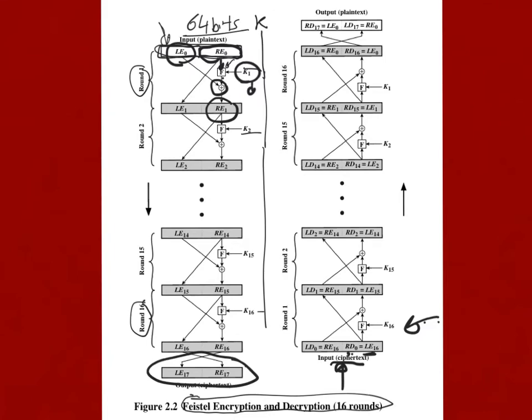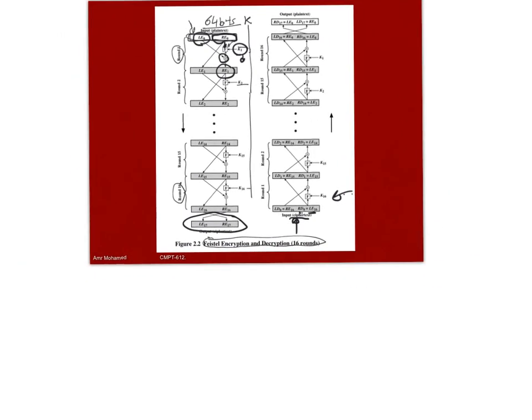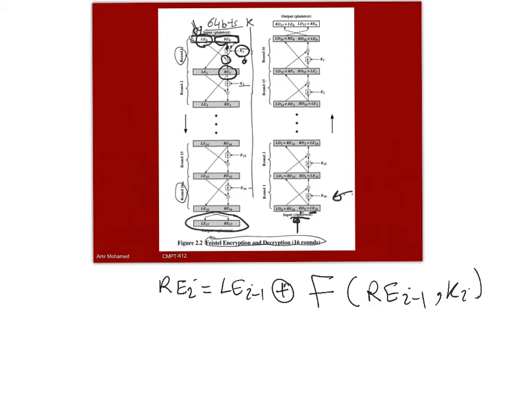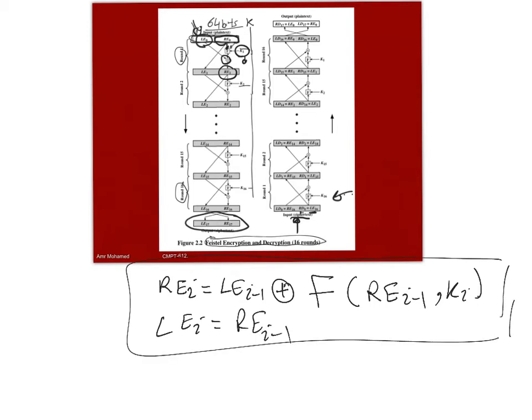As we said before, we can convert this Feistel structure into two very simple equations, which say that RE_i equals LE_(i-1) XORed with the function of RE_(i-1) and K_i, and then LE_i equals RE_(i-1). These are very simple two equations, right?